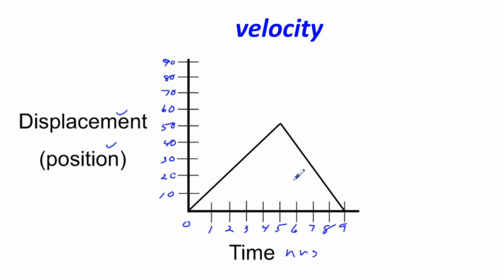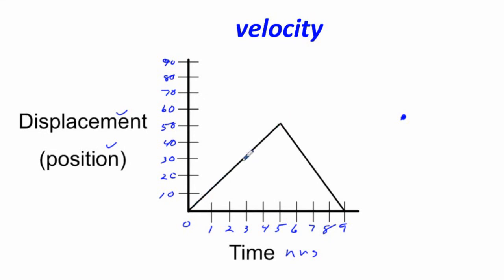All right, here's our reference point. I'm just going to try to illustrate this here. And at this point, our position is getting bigger, and it's in a straight line, so that means that we're getting bigger at a constant rate.